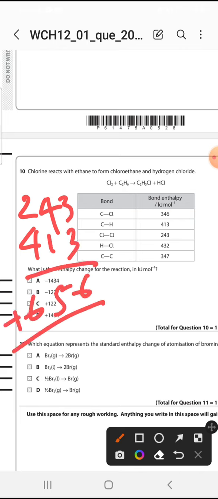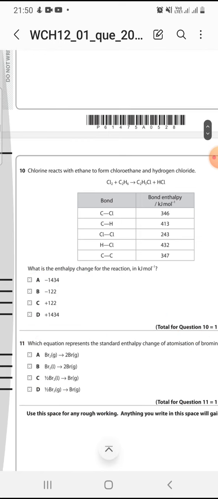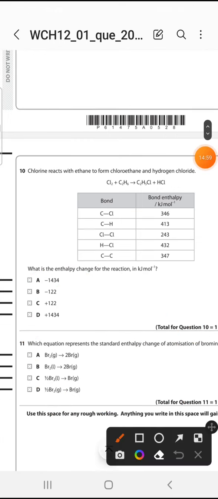These are the bonds broken. The bonds made are the carbon-chlorine bond 346 and the HCl bond 432. So the answer will be 778. You take the difference between bonds made and bonds broken, and since bonds made is greater, the answer will be minus. That's all, very simple. This will be B because it cannot be A, which is a bigger value.